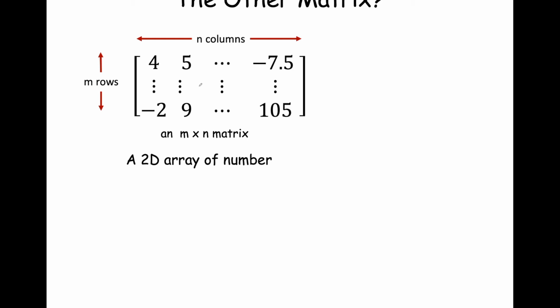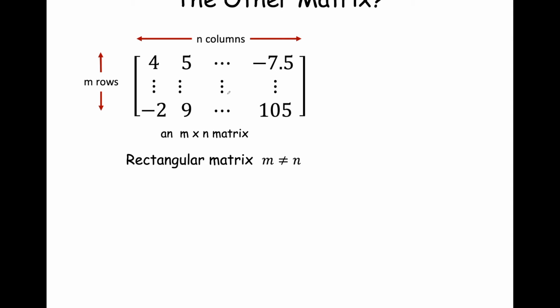And so we call that a so-called m by n matrix, where m is the number of rows for that two-dimensional array, and n is the number of columns. One of the things we are concerned about is whether or not this matrix is rectangular or whether it's a square matrix. A rectangular matrix is one such that the row count is not equal to the column count.